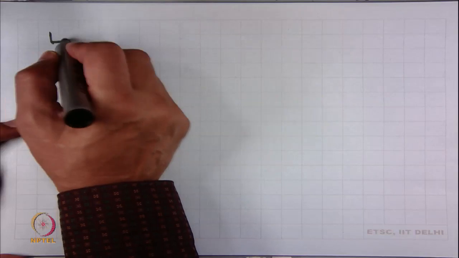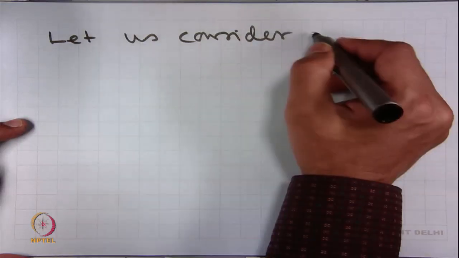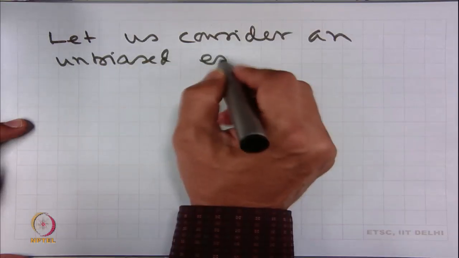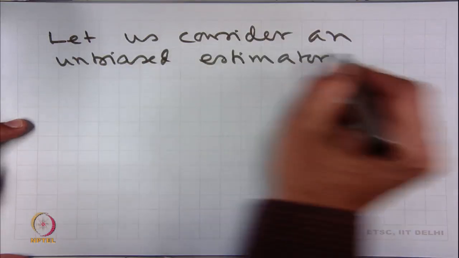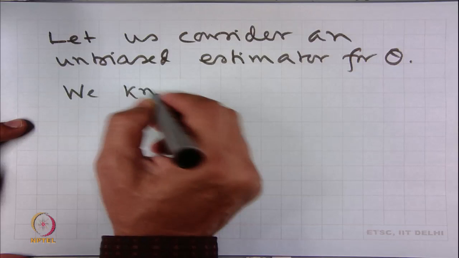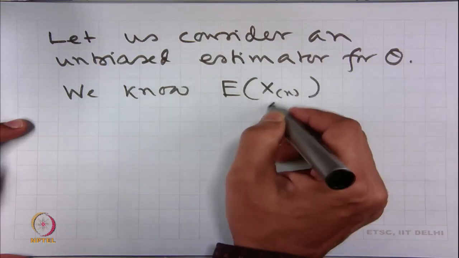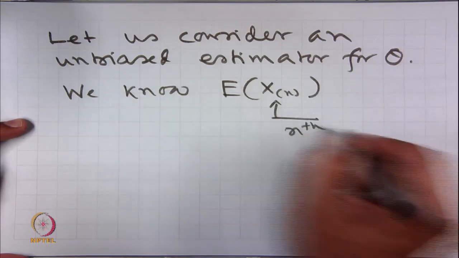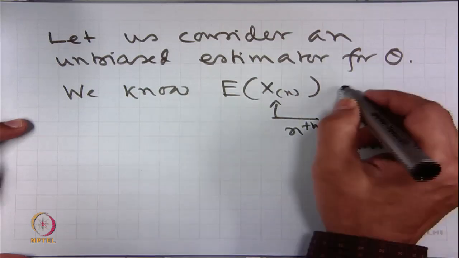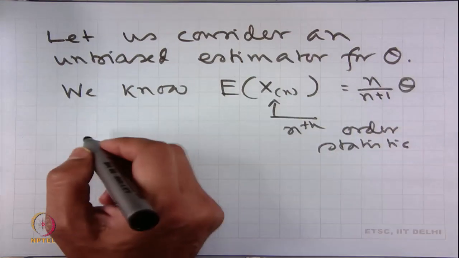Let us consider an unbiased estimator for theta. We know expected value of x n, the nth order statistic, is equal to n upon n plus 1 theta.